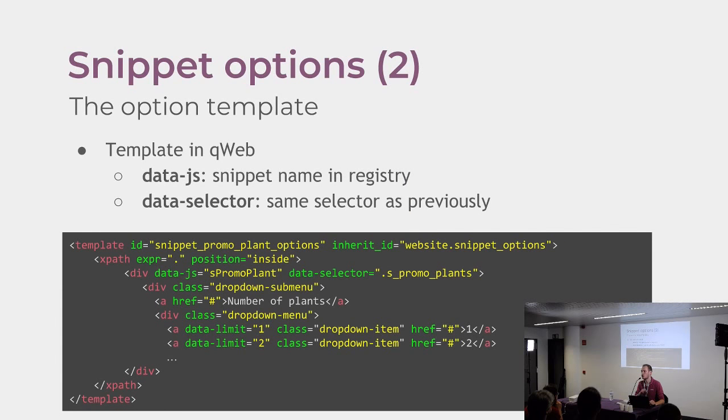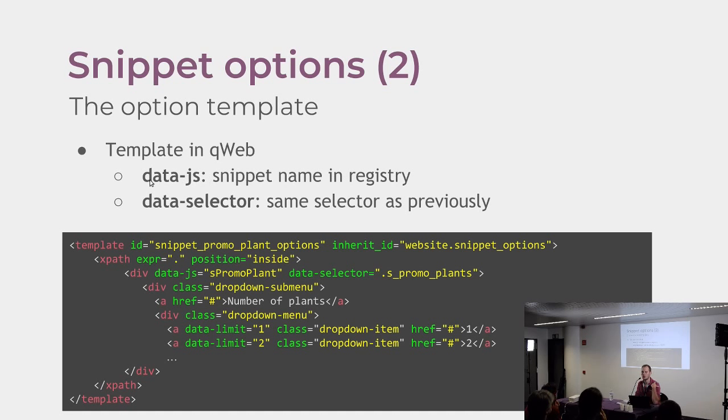And now that you click on one item here, we would like to set the limit of plans on the JavaScript instance that we have created. And to do so, we need to link the snippet to our instance.